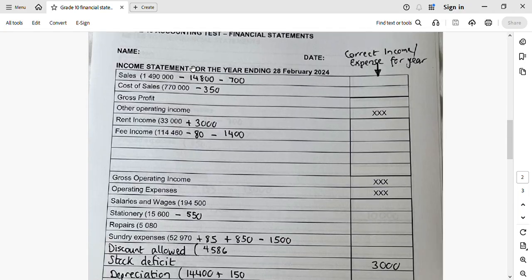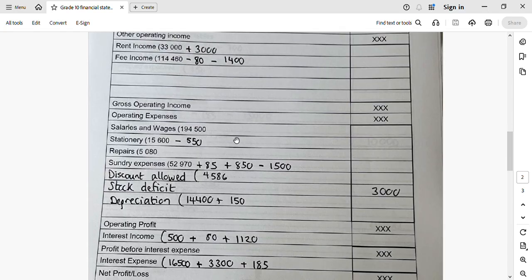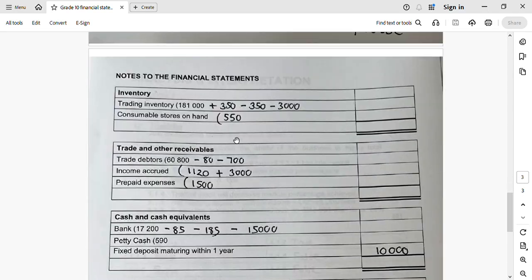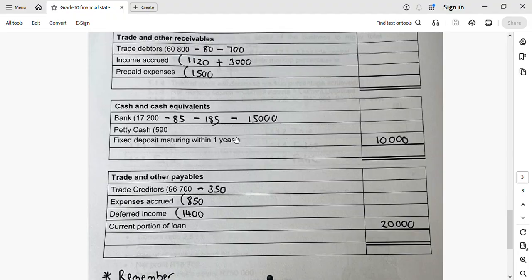So you need to decrease fee income, and the double entry for that is deferred income. We owe that person the service. In other words, we are going to fix his treadmill for him. So that is income that you've received in advance from him. He's already paid you, but you haven't done the job yet. You can call this deferred income, income received in advance.